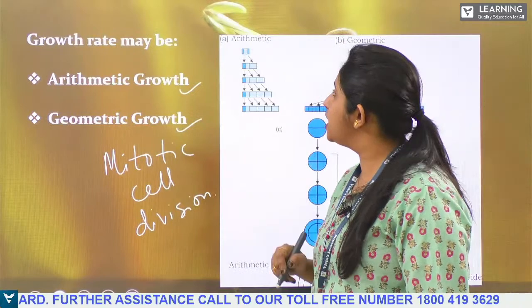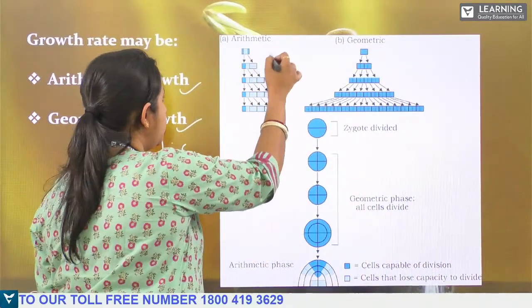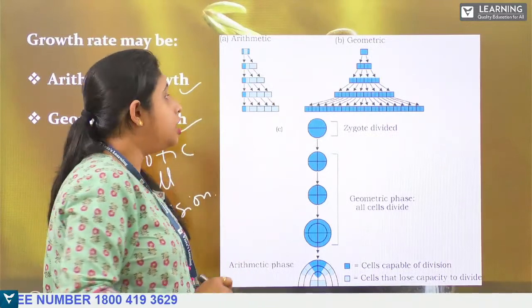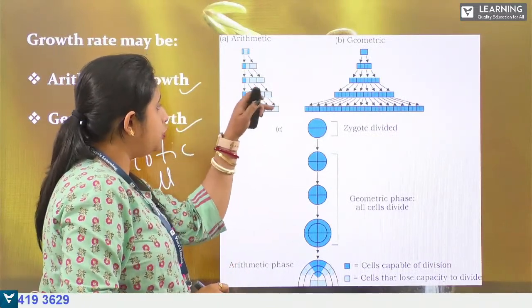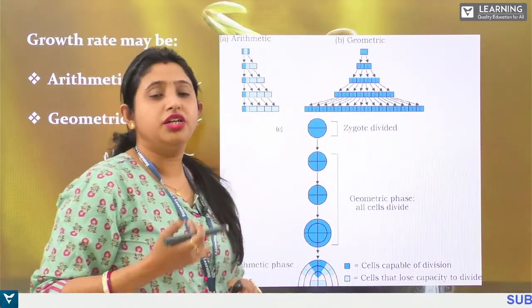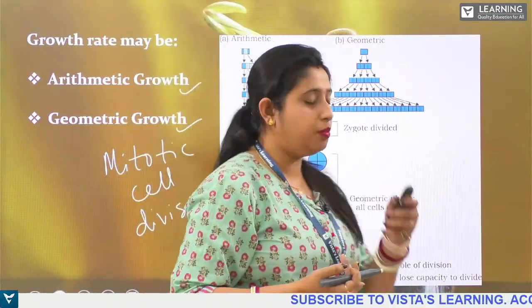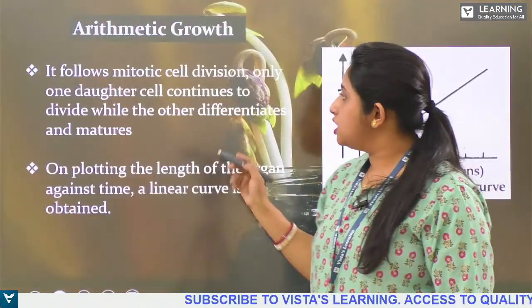So what happens in case of arithmetic? From the two cells, they are forming four cells here, right? So again, from the four cells, they will form eight cells, isn't it? So cell division is nothing but the increase in the number of the cells. So see, what happens?